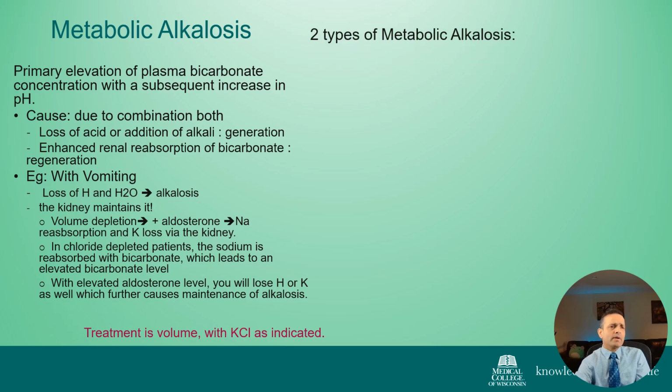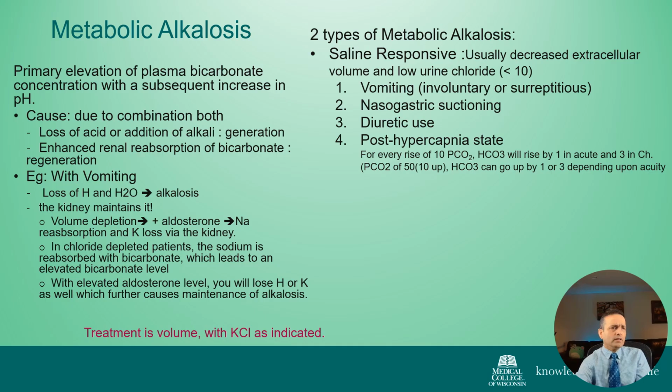So let's talk about metabolic alkalosis types. Saline responsive typically have very low urinary chloride, less than 10. And a classical cause of this is vomiting, or somebody with nasogastric suctioning, or somebody on a diuretic, and sometimes a post-hypercapnia state too. So remember, in hypercapnia, what happens?